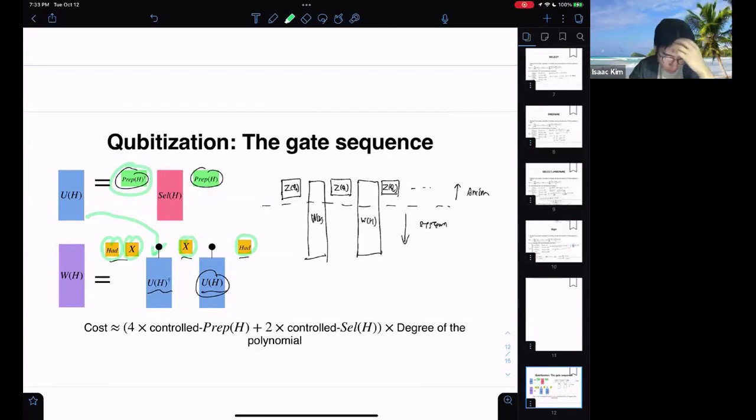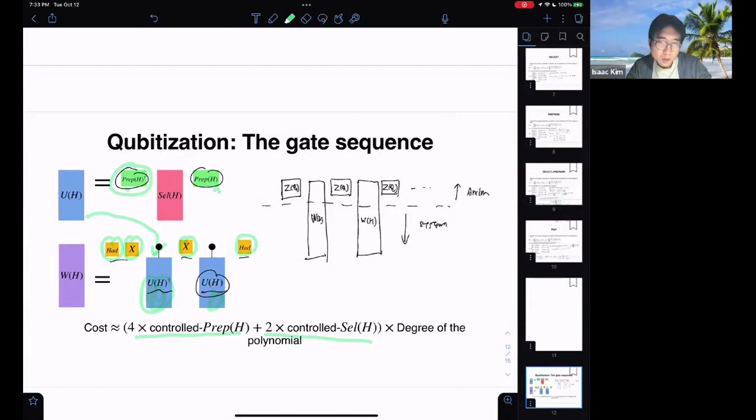So in the grand scheme of things, the overall cost of qubitization for Hamiltonian simulation can be roughly thought of as 4 times the controlled preparation, because for each U of H you apply prepare twice, plus 2 controlled select operations, because you get one here and another one here, times the degree of the polynomial.